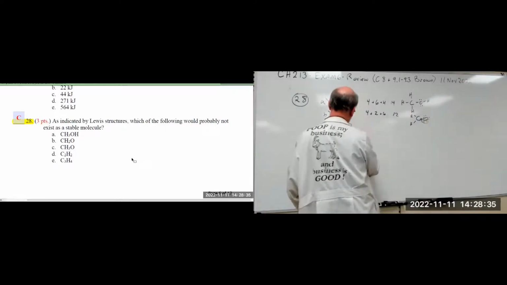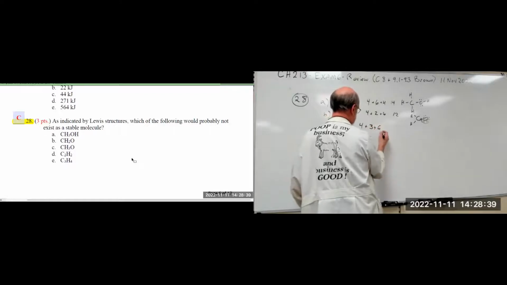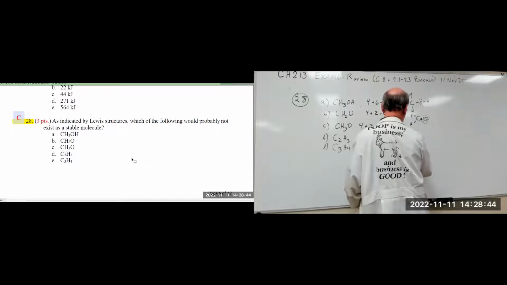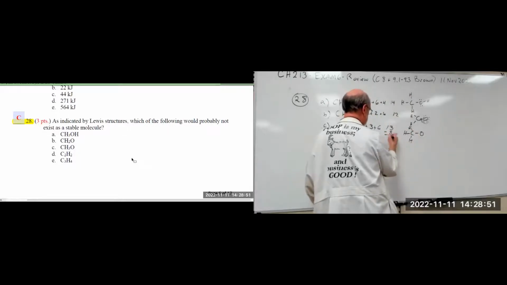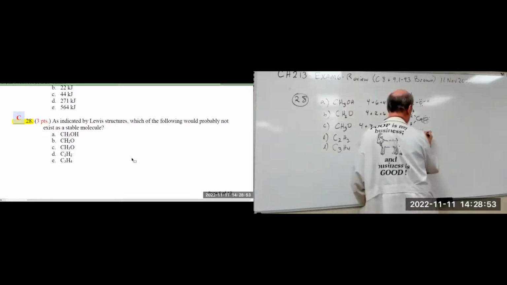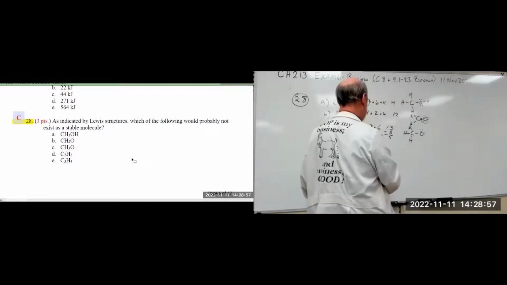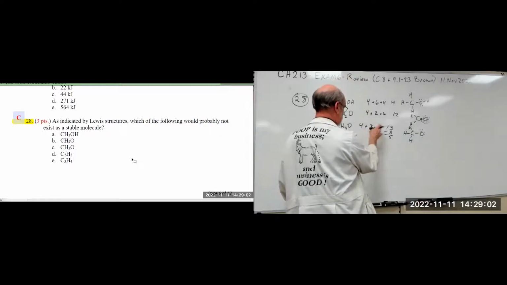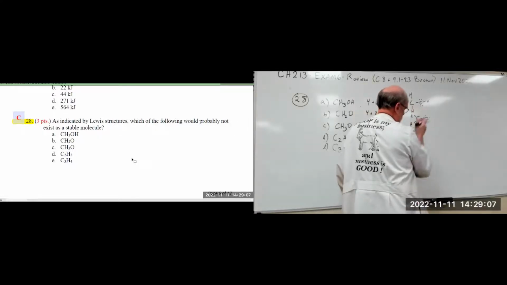How about this one? 1 carbon, 3 hydrogens, 1 oxygen is 9, 13. So if we do carbon, 3 hydrogens, and an oxygen, that's 2, 4, 6, 8. 1, 2, 3, 4, 5. Now do that right. 4, 3, 6, 13. Yep. 2, 4, 6, 8. Yep. 5. Okay.